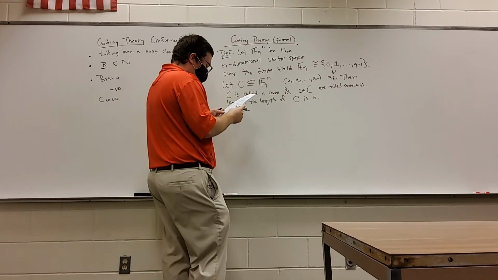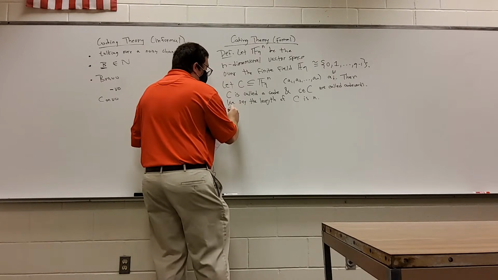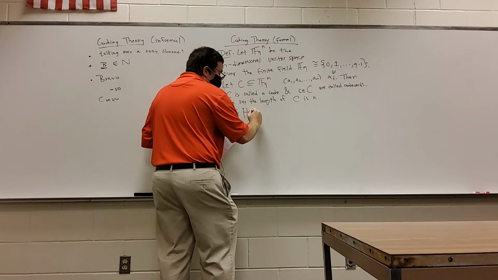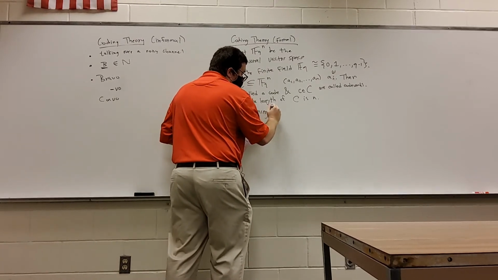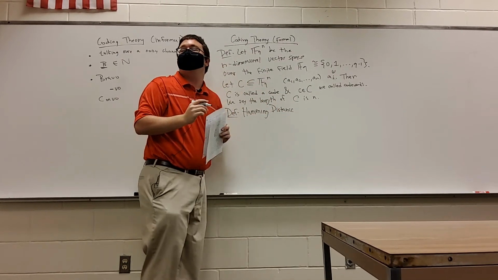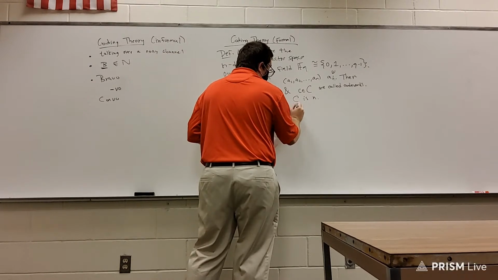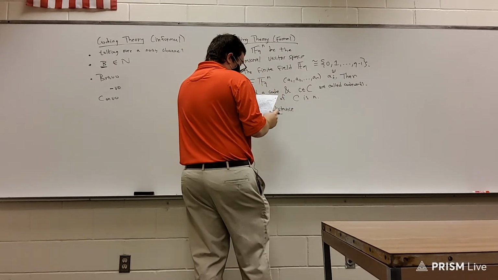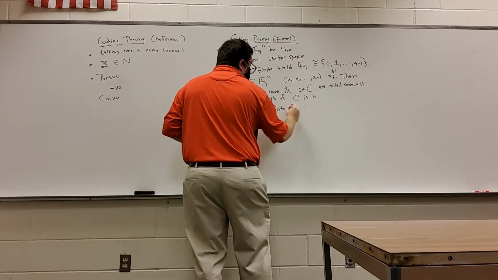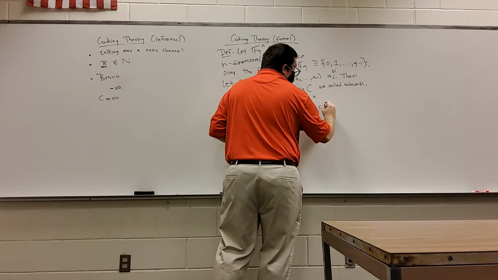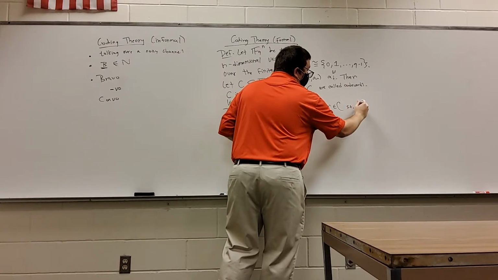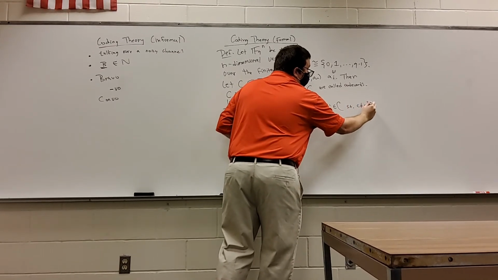So now something that's important to coding theory, there's something called the Hamming distance. Let c and c' be in the code so that these two are different.